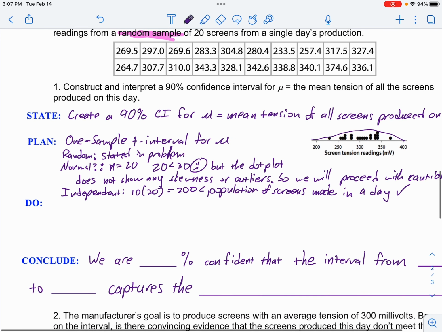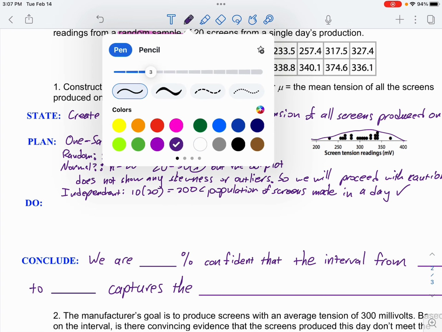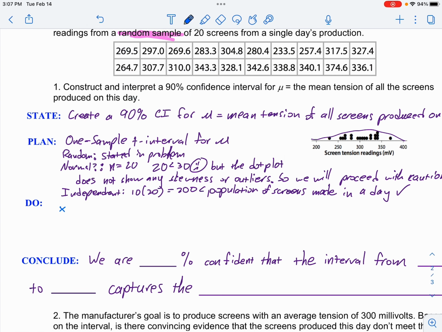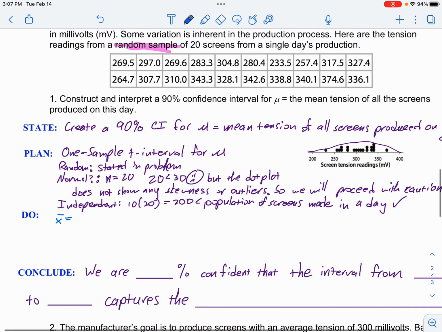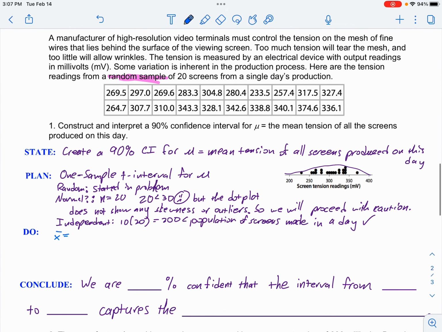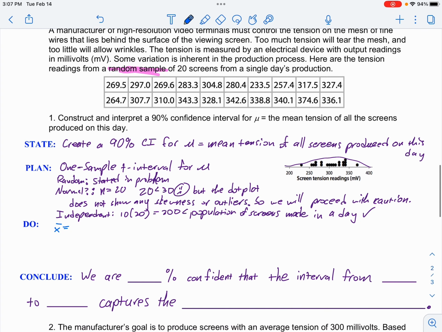Let's list what we know. We know, let's change up the color here, we know x bar. It said, wait. We don't know x bar. Oh, shaboodoo. So how are we going to get it? Well, you're going to have to take time right now on your calculator to put all of this into list 1, like I was talking about.